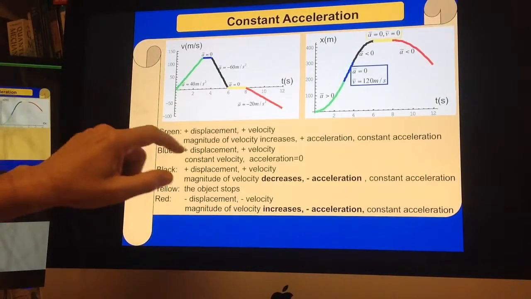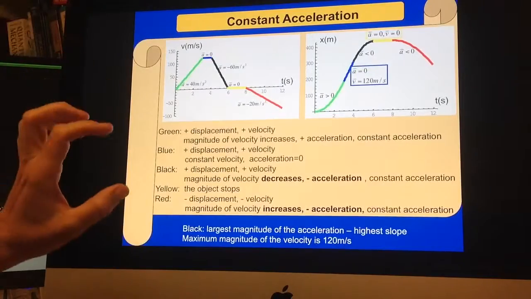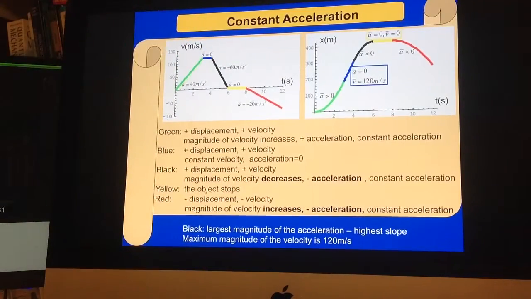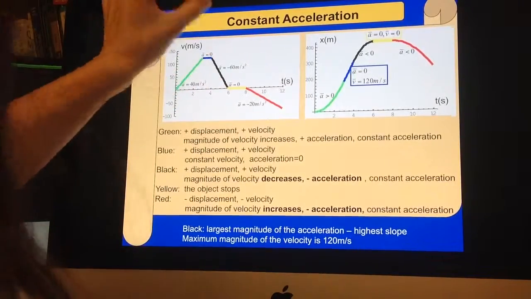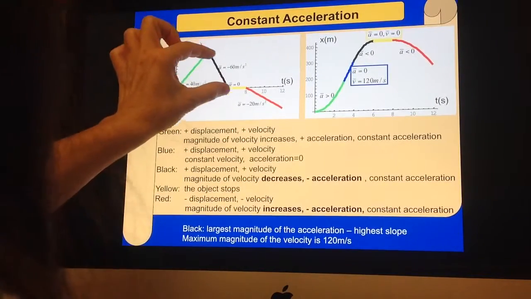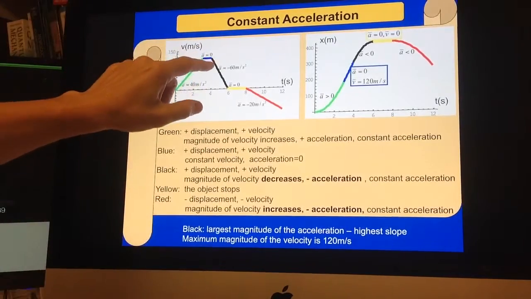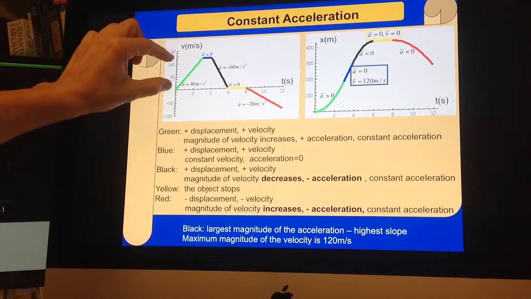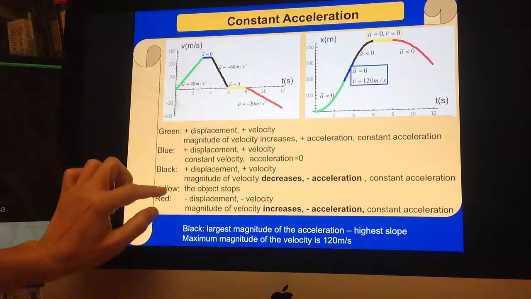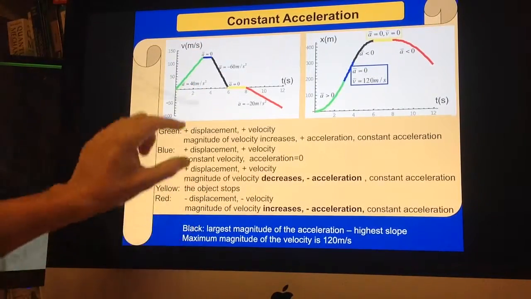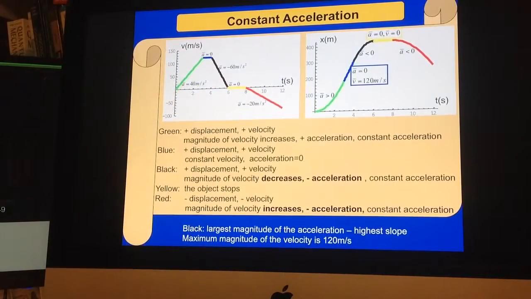When I go for a plot for velocity, things are different. Now, when I get this line going down, that does not mean negative velocity. What I see is that the velocity is still positive, okay? So, in this black area, my velocity is still positive, and velocity and displacement go together. So here, my displacement is still positive.